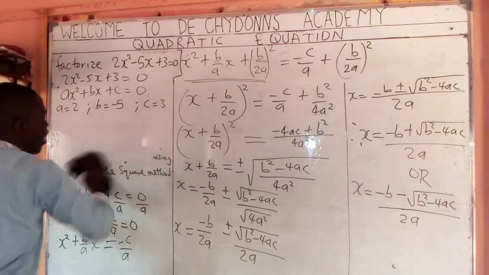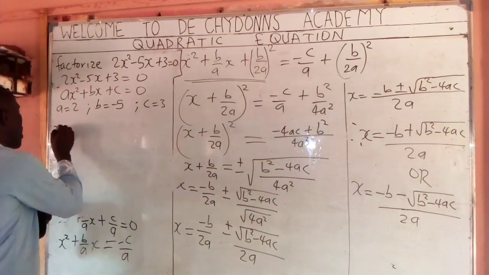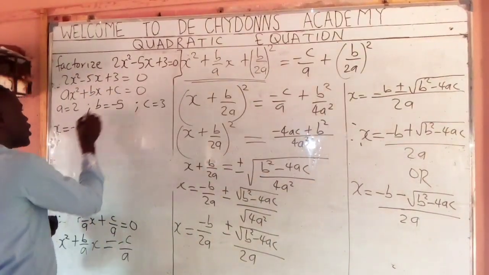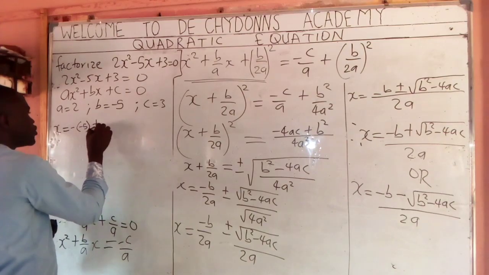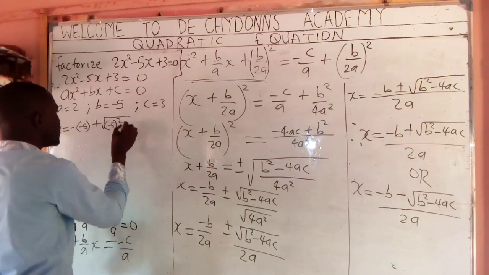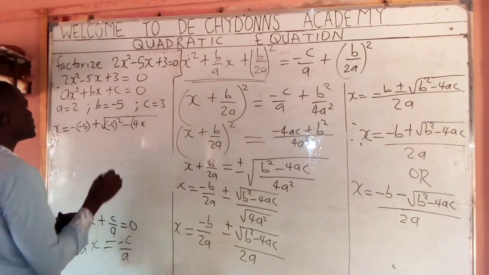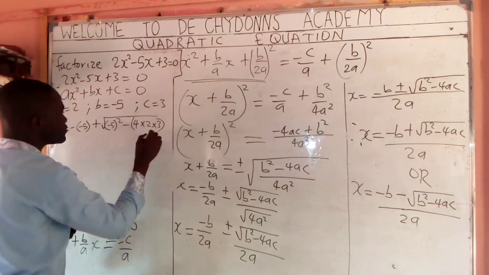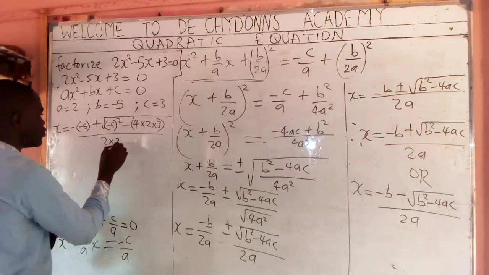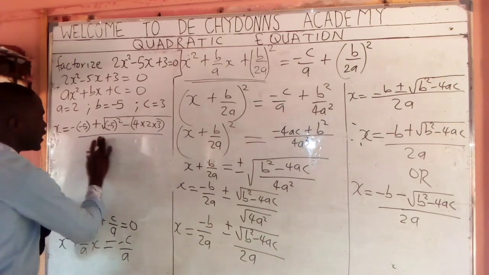So, see how I will solve it now. I will say the first value of x equals, I will take minus b, which is 5, plus the square root of, what is my b squared? Minus 5 squared, minus 4 times, what is my a? 2, times 3, all over 2 times a, which is 2 times 2, 4.